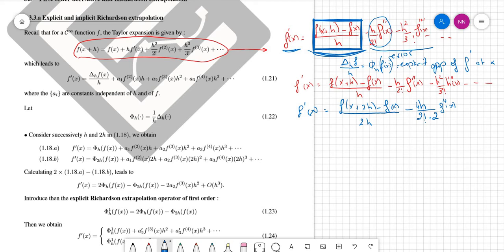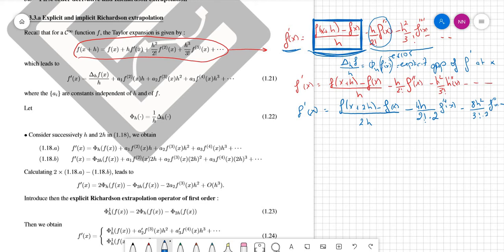So we have a 2 in here. Minus 8h squared over factorial 3 times 2, f triple prime of x, plus etc. It continues.